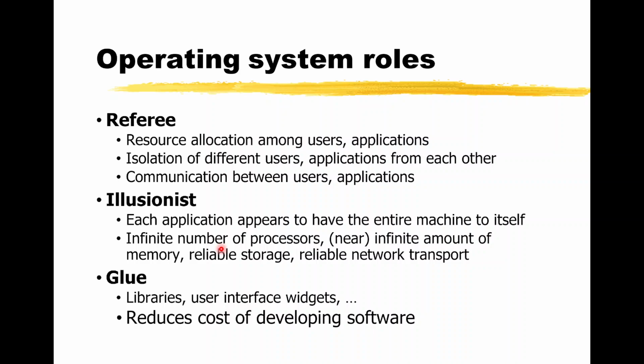Now, the role of the operating system also includes libraries and user interface widgets. It also reduces the cost of developing software, because anybody that develops software would otherwise have had to think primarily of how to talk to the hardware by himself. And that is very tedious and a lot of work.